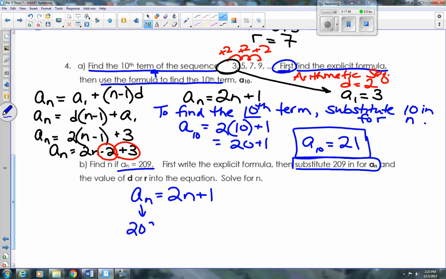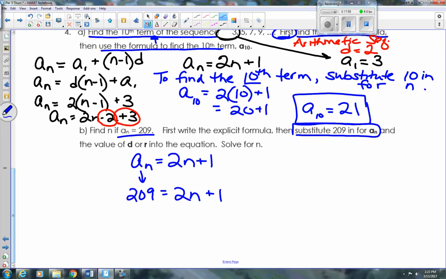So my term is equal to 209. I need to know what term is that? First, second, third? Well, I know it's not those. 11th, 12th, 13th? Maybe. Let's see. I'm going to solve for n because that's what I'm finding here. Subtract 1 from both sides. 208 is equal to 2n. Divide both sides by 2.